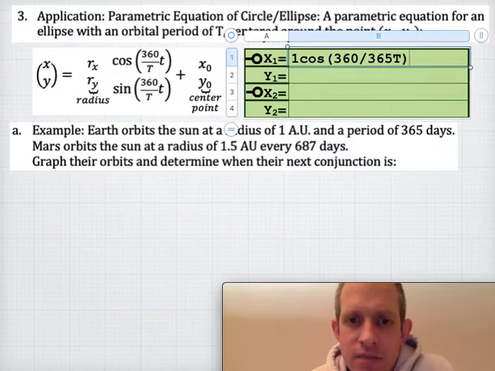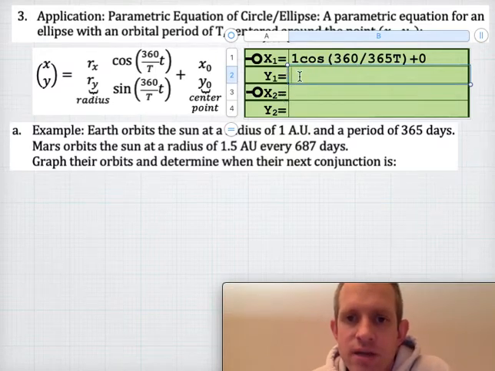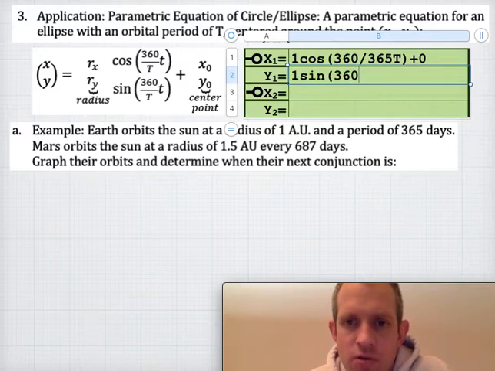And then I need an x-coordinate of the center. That would be, where's the sun located? I'm just going to call that 0, 0. So there's an equation for the horizontal position of the Earth on any given day of the year. If we do a similar sort of equation for the y, we would have this.